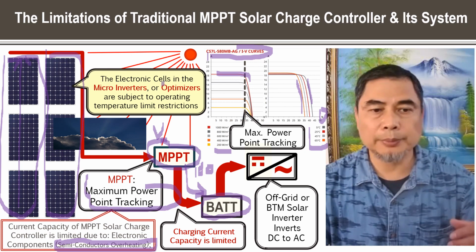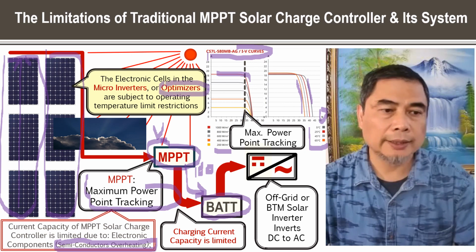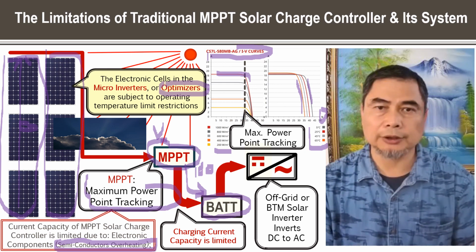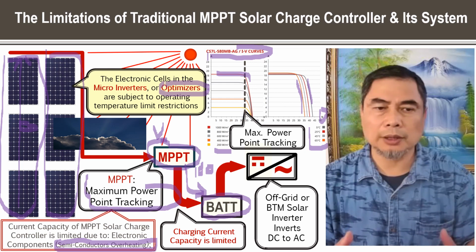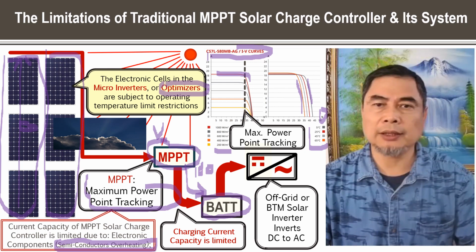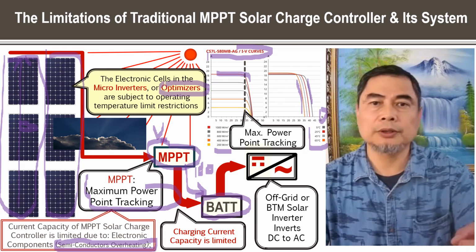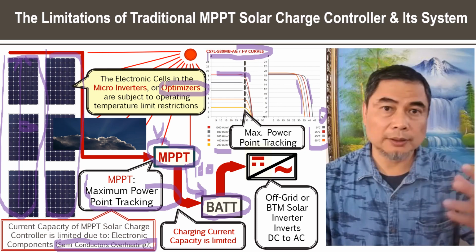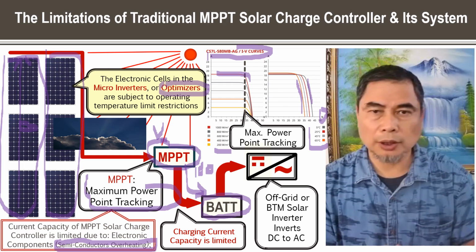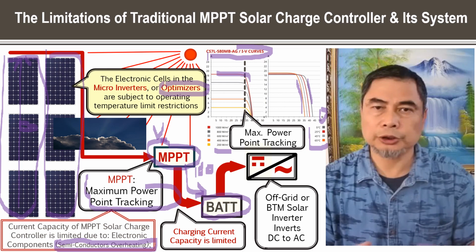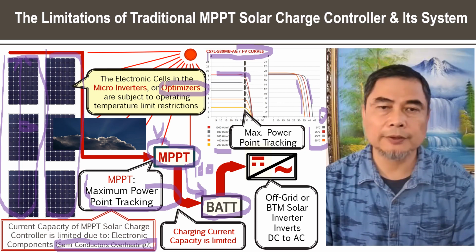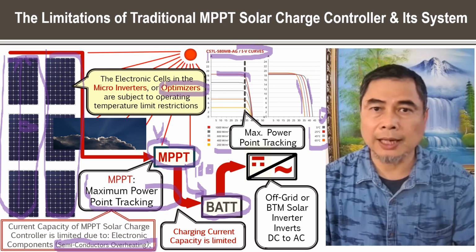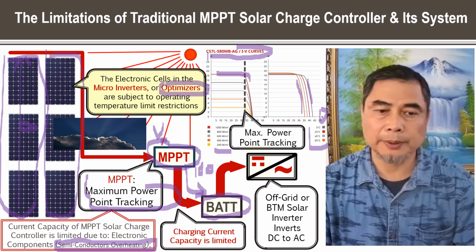So they say, okay, I can build an optimizer inside, and that optimizer works in a certain temperature range. And if you have the electronic components exposed to the weather, from minus 40 degrees to positive 65 degrees, with that temperature range, the electronic components' behavior will change too. So that's why we end up with quite a high maintenance cost, because the panel is installed outdoors in weather conditions, not like an MPPT solar charge controller.